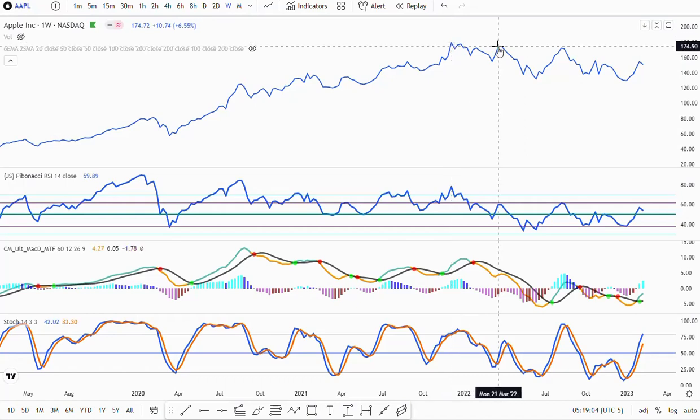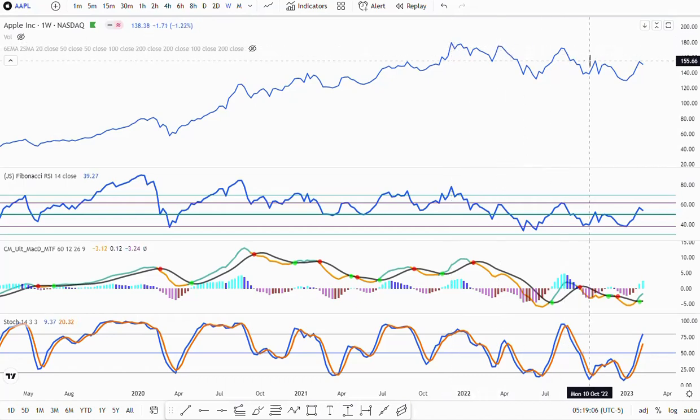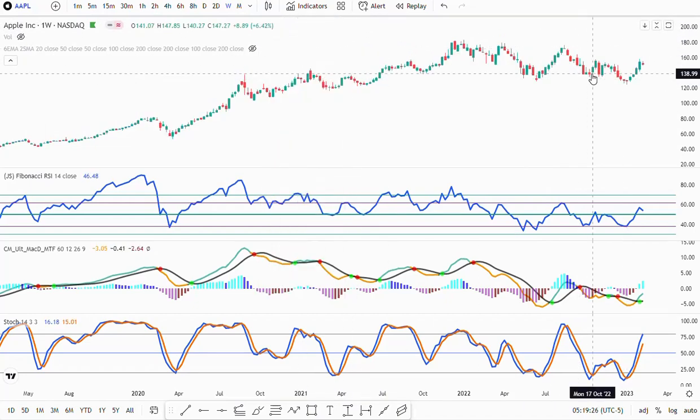So high right here, a lower high, a lower high, a lower high, and lower high. But this rally pushed it above the previous high. So these highs are on a closing basis. So it has invalidated the sequence of lower highs. So this is positive price action on a weekly basis.